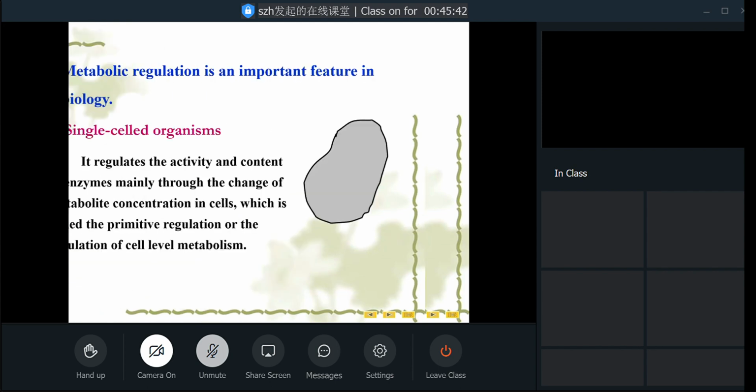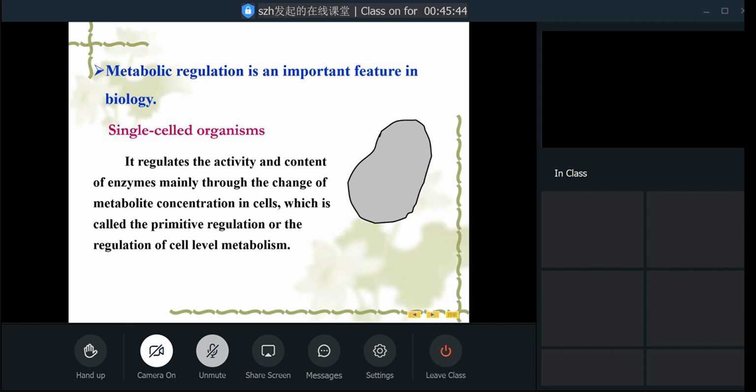So here, for single-cell organisms, you can say metabolic regulation is an important feature in biology. For single cells, regulation mainly regulates the enzyme's activity and the enzyme's concentration.